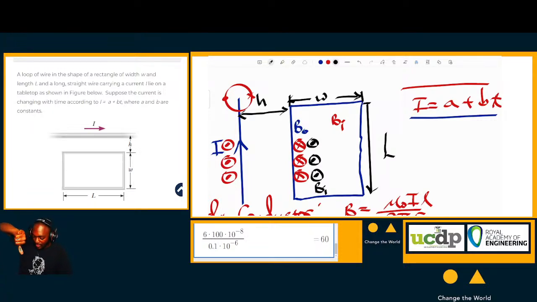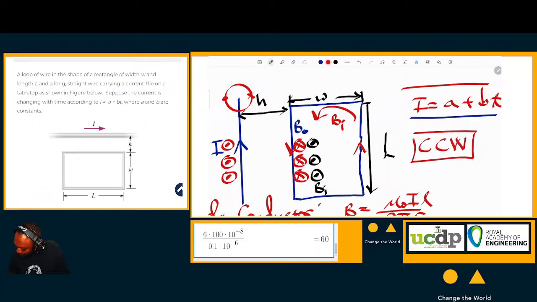I made a mistake. It was into the page. I didn't curl my fingers in the right direction. Curl my fingers towards me. My fingers will be pointing down, and the current will be going down on the left side, right? Yes, sir, on the left side. Which means the right side is going up. So eventually that's a counter-clockwise direction.